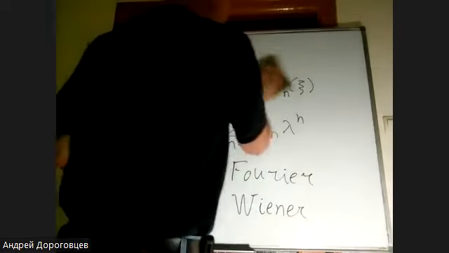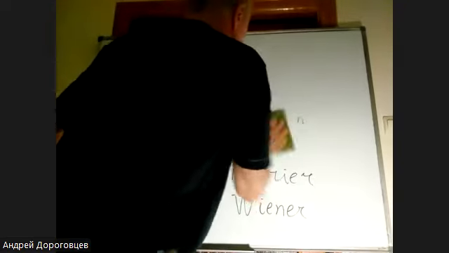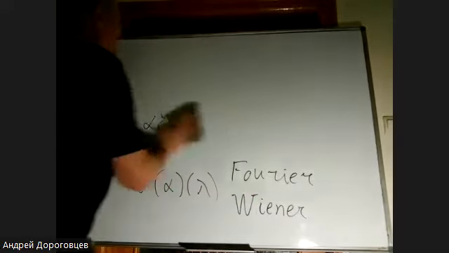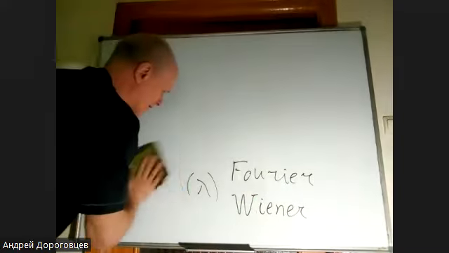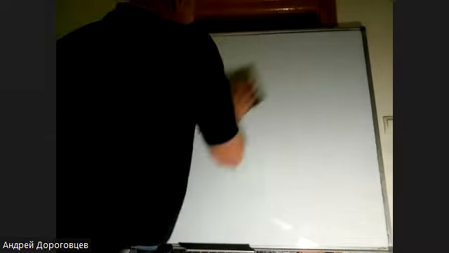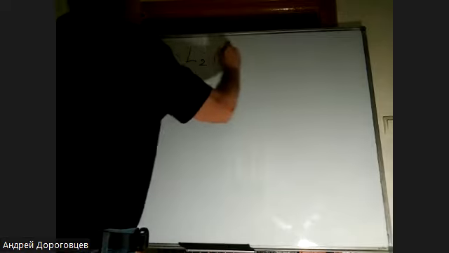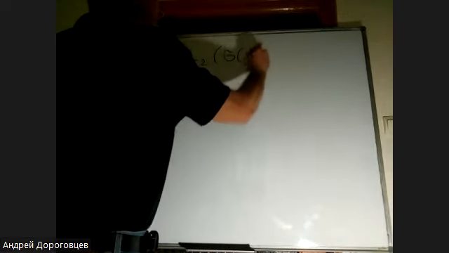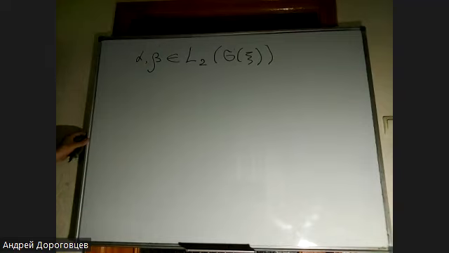Firstly, let us guess what it can be. Suppose that we have two random variables which are square integrable. We have alpha and beta from our special space of square integrable random variables which are measurable with respect to the initial standard Gaussian random variable.